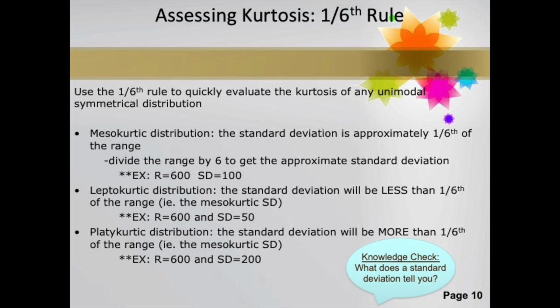So you know you don't have a mesokurtic shape, because if you had a mesokurtic shape, your standard deviation would be 100. But it's not, it's 200. So that is more than 1/6 of the range. And if you have a standard deviation from your data set that is more than 1/6 of the range, or more than the mesokurtic standard deviation, like here with a standard deviation of 200, in that case, you have a platykurtic distribution.